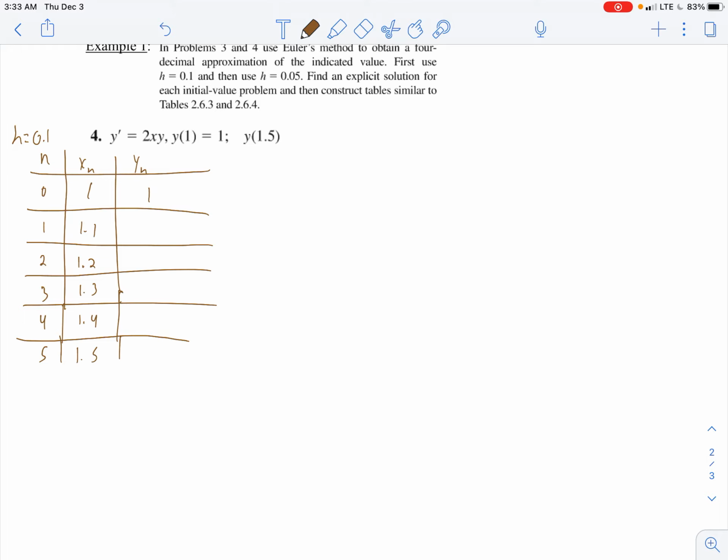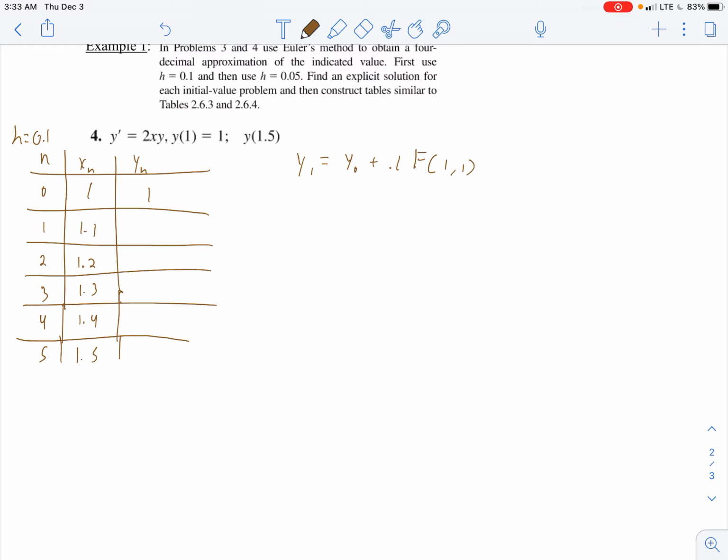Now we want to find y sub 1. So to find y sub 1, if we're using Euler's method, it's going to be y sub 0 plus our step, which is 0.1, times our function of our previous x and y, so 1 and 1.